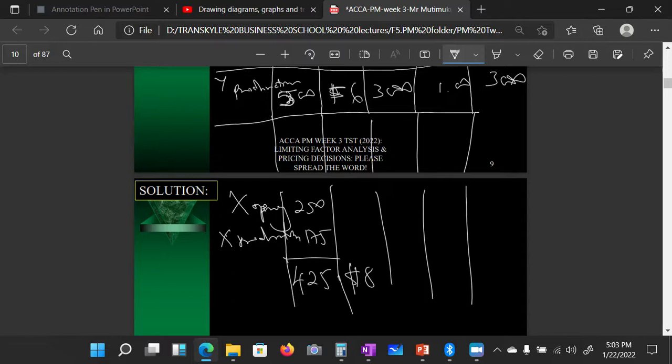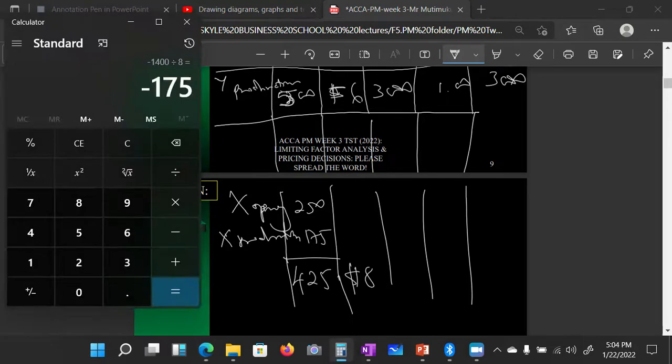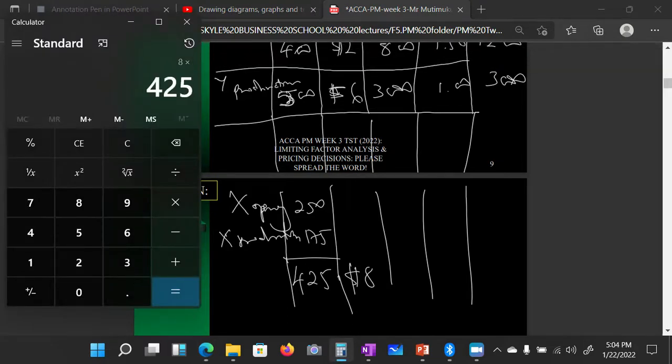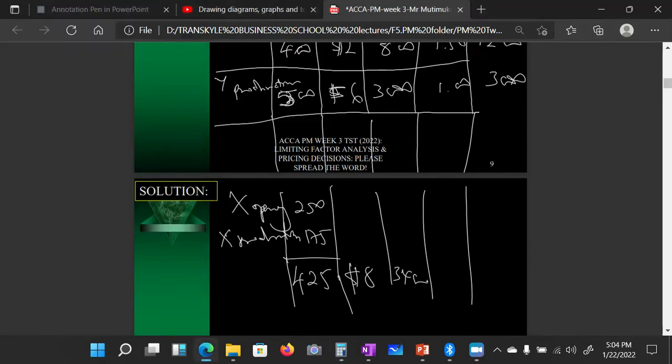Each unit was costing $8, so 425 multiplied by 8, we get 3,400. We are told that the contribution per dollar of this 3,400 is 50 cents, so the total contribution will be half, 1,700.